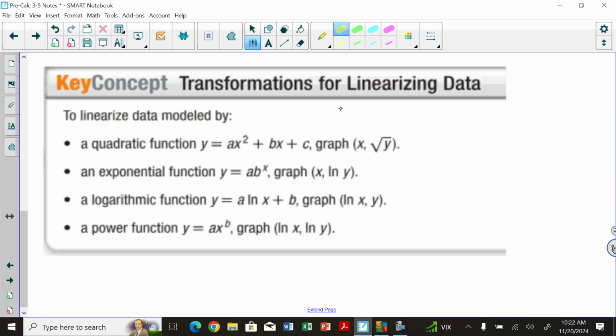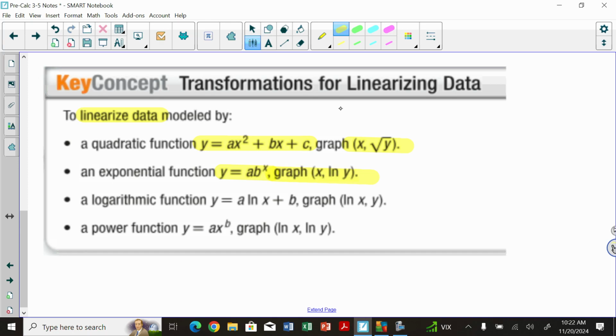If it's a quadratic, we know that quadratics are ax squared plus bx plus c. But when we graph those, we're going to actually graph x and the square root of y to linearize these data. Okay, if it's an exponential function, we know exponentials are y equals a times b to the x power. So like this is the one we just did the example of. So in that case, we graph x and then take the natural log of y.